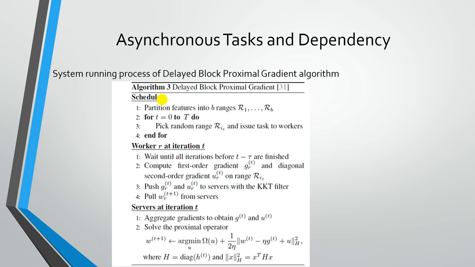Then it will push these two to the server with the KKT filter, which I'm going to explain later, and pull the new working set from the server. In the servers, it will aggregate the gradients to obtain the result from GT and UT and solve the proximal operation.